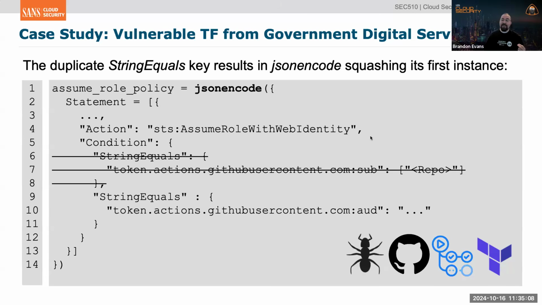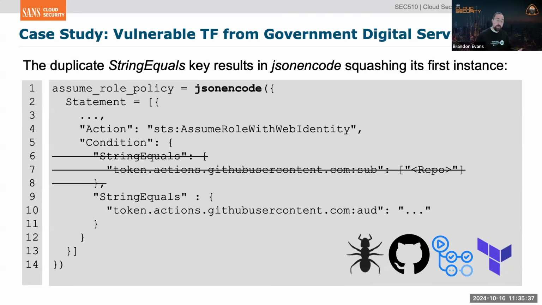One that's going to check that this came from the repository or the organization that we trust, and that the audience has a particular value. So jsonencode saw both of these values and it didn't know what to do with it. So it simply squashed this first result as if this particular key didn't even exist in the first place and said, we're only going to check for this audience value.